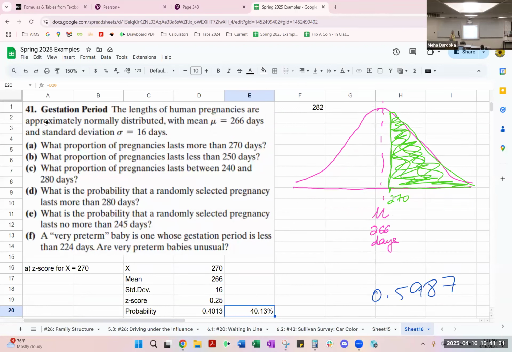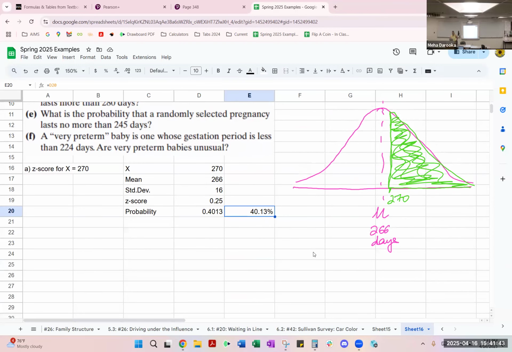Okay, any questions on calculating this probability? Okay, so far, alrighty. Now, let me show you how we do this with a built-in function. Remember, the built-in function is NORM.DIST.